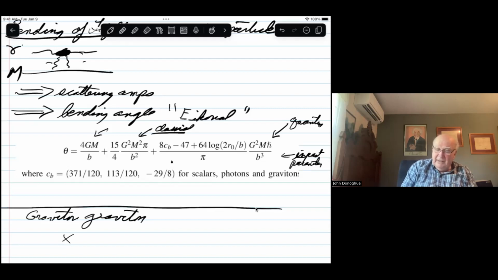But there is actually a non-universal feature here, where scalars, photons, gravitons, and also now fermions give different numbers. They even go in different directions. So there's no universality.